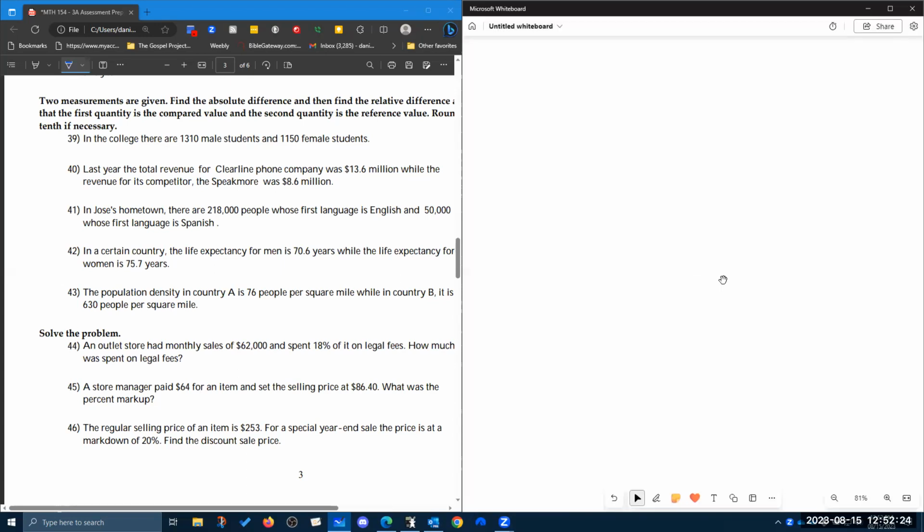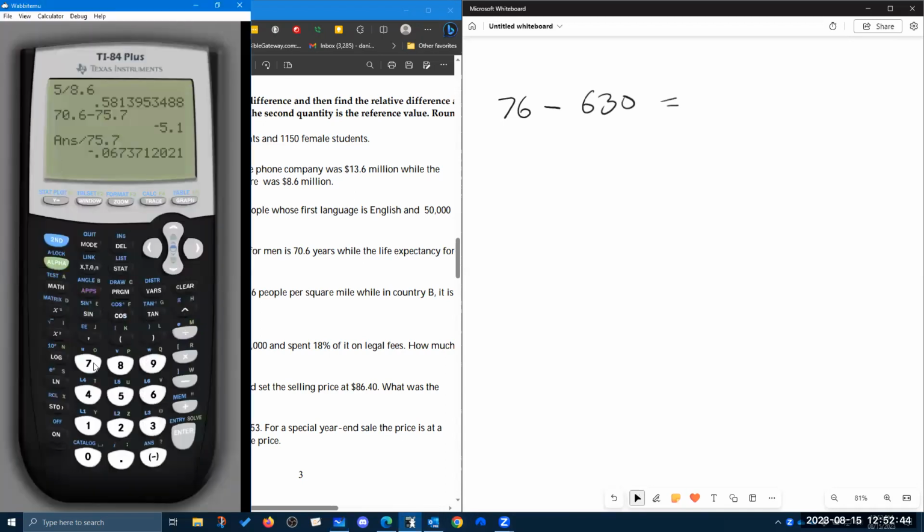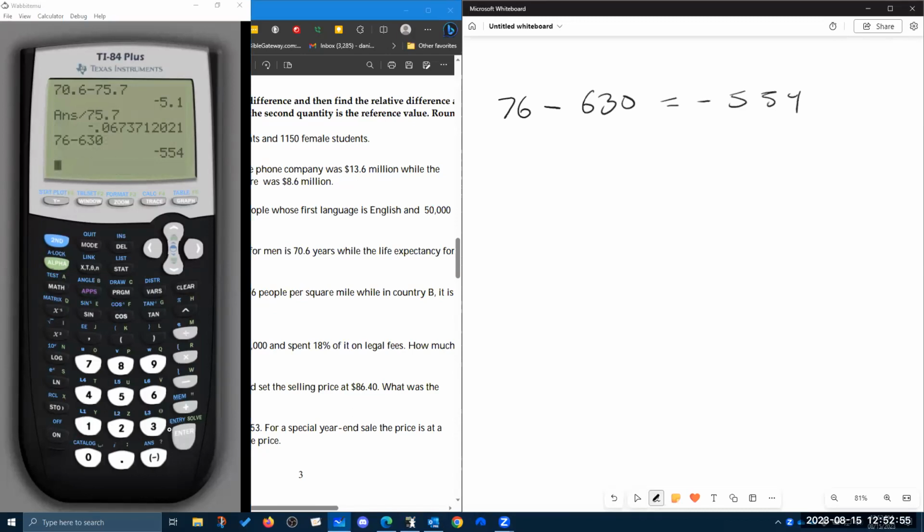Last one for this video, the population density in country A is 76 people per square mile. In country B, it is 630 people per square mile. So the absolute difference there is 76 minus 630, which is going to be negative 554.